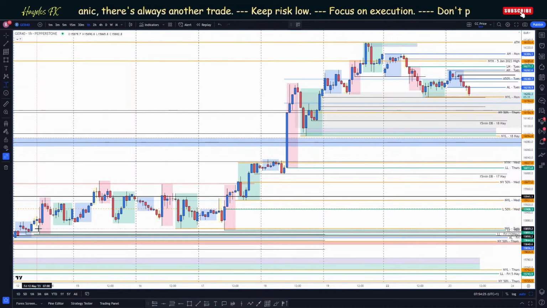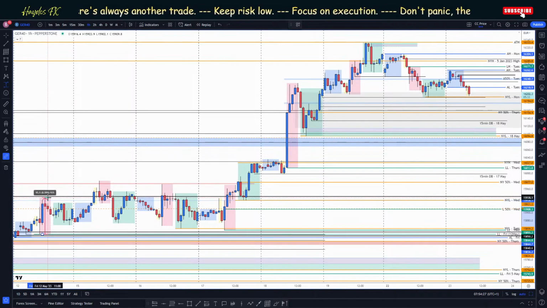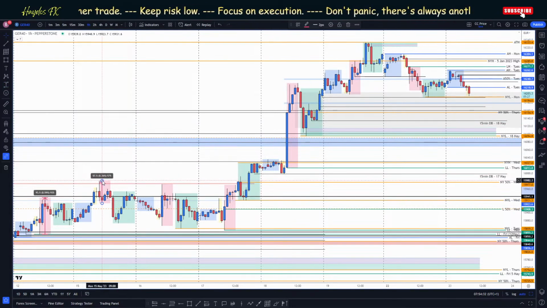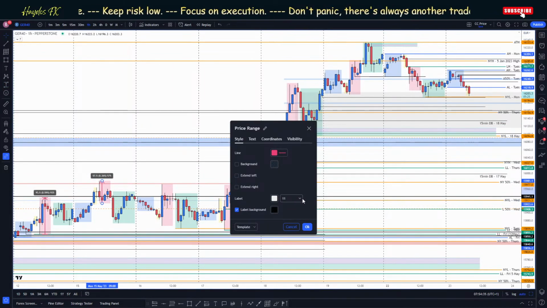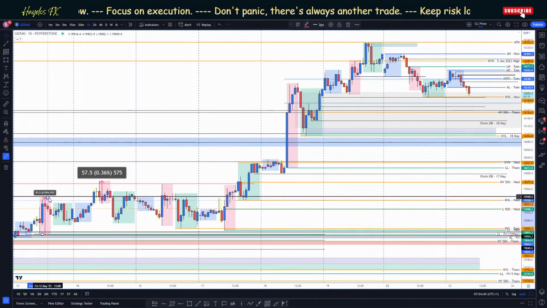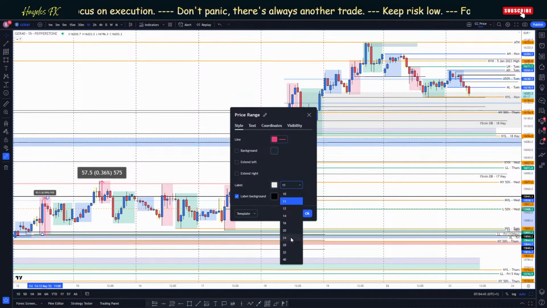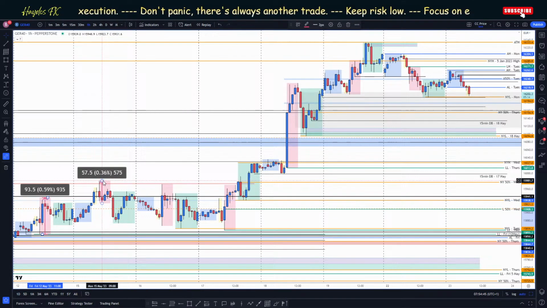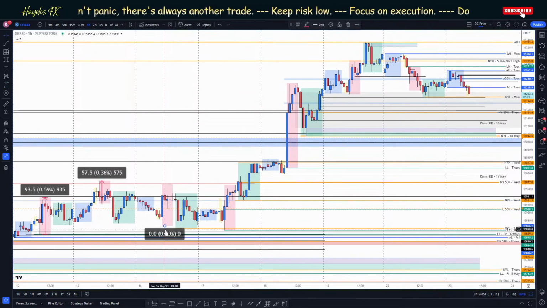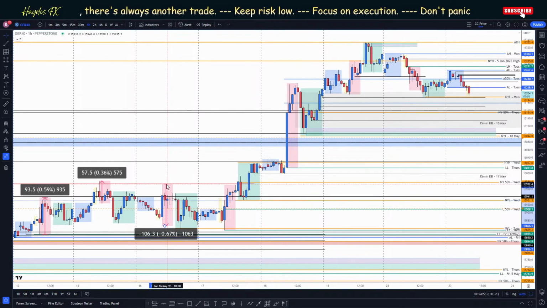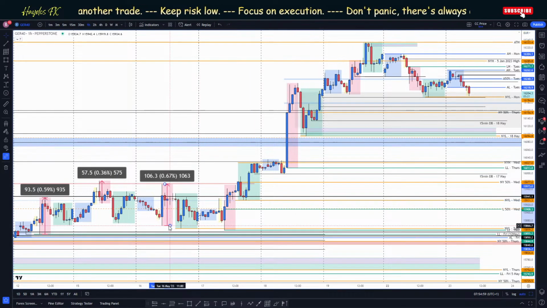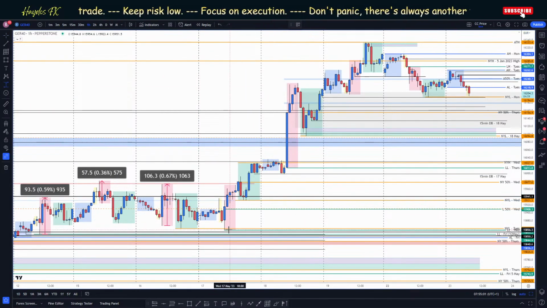Okay, price range, just to give an idea of the volatility to expect.